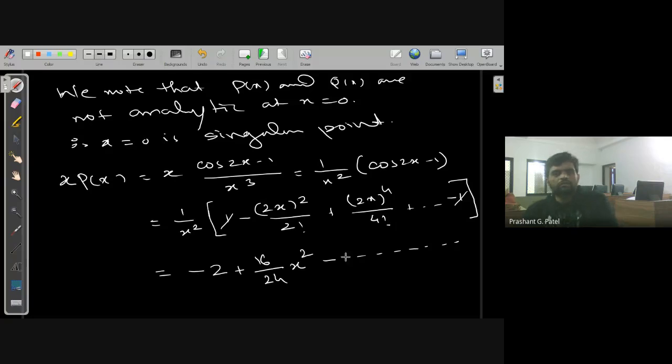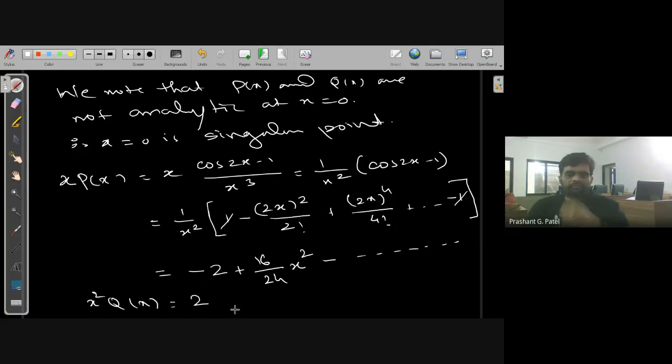So these are the terms we have. This is x into p of x converted into a power series. So we can say that x into p of x is an analytic function, and x square into q of x is actually 2, which is also an analytic function.